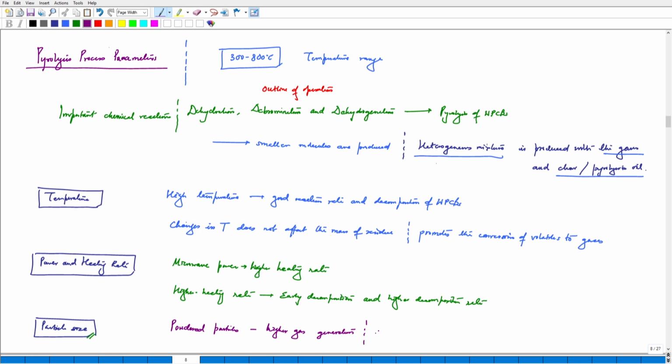Whereas if the particle size is larger, which means coarser particles, we can have higher pyrolysis oil generation, which indirectly means that we have incomplete pyrolysis.